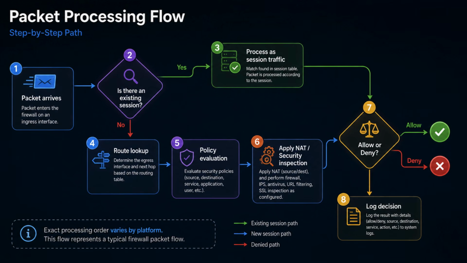It determines where the traffic should go, whether a policy allows it, whether translation is required, and whether security inspection profiles should be applied. The firewall then allows or denies the traffic and generates logs according to the configured logging policy. Remember, this is a conceptual model. Always consult the relevant vendor documentation for exact behavior on a specific platform and software version.